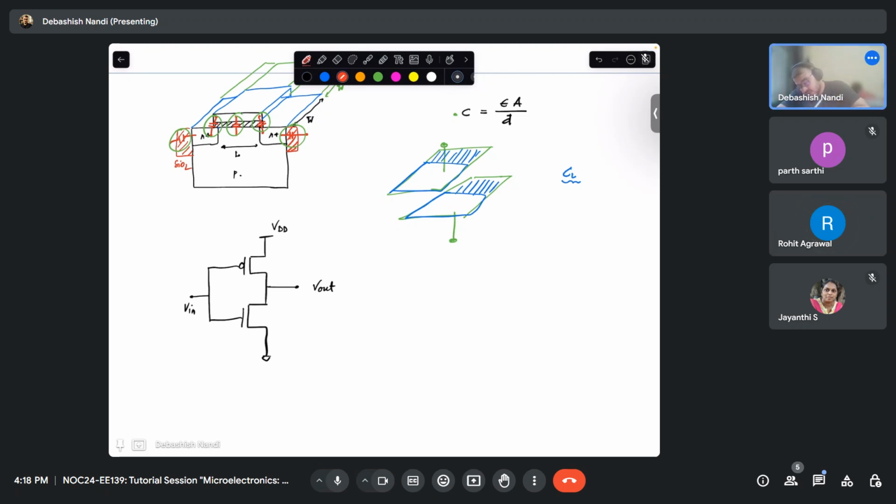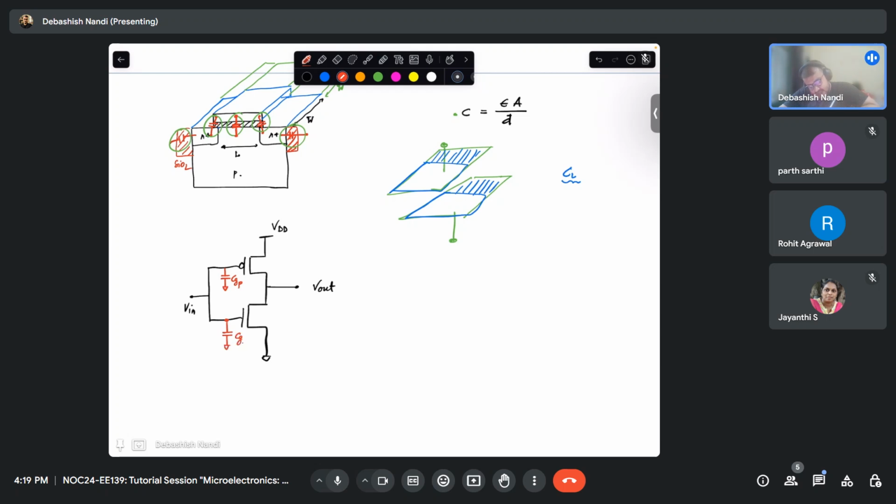So you see you have some capacitance here. When you look into the gate, you will get a gate capacitance. Let's say this is CGP. You will also see a gate capacitance here.